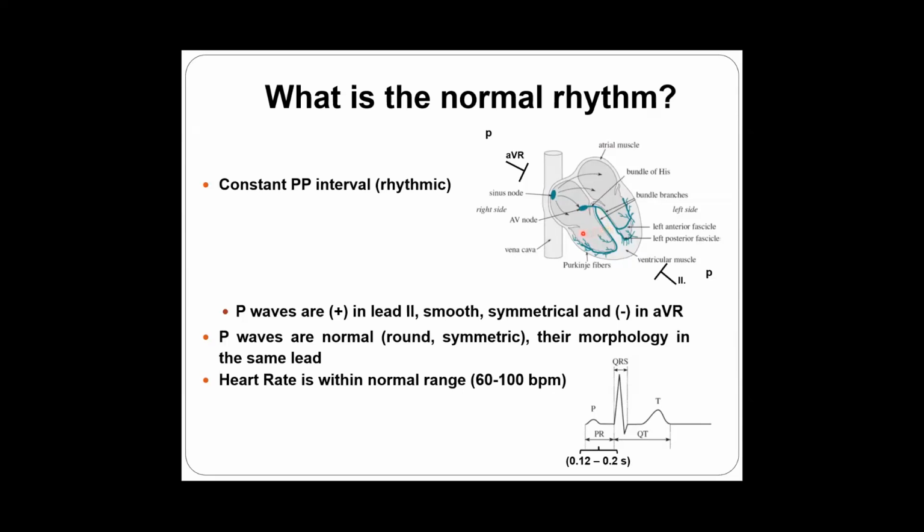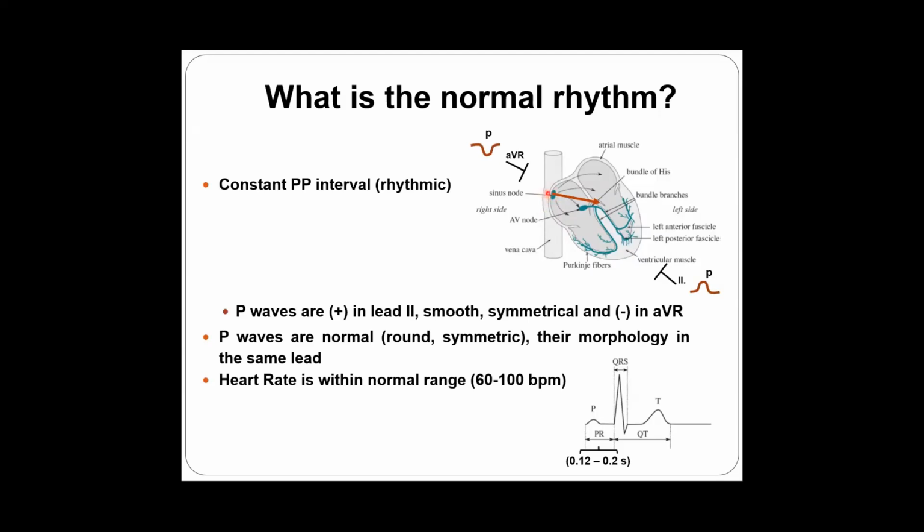How do we know that the P, or atrial activation, is initiated in the SA node? First of all, when the sinus is activating the atrium, we have a depolarization wave of the atrium pointing from right to left, because the SA node is located in the right atrium, very close to the vena cava.